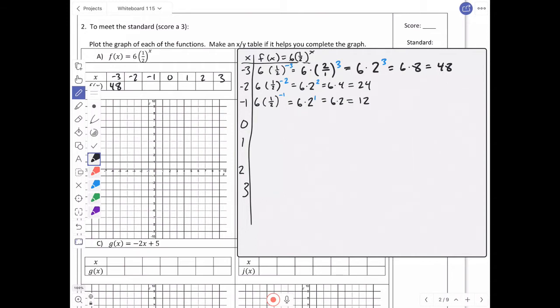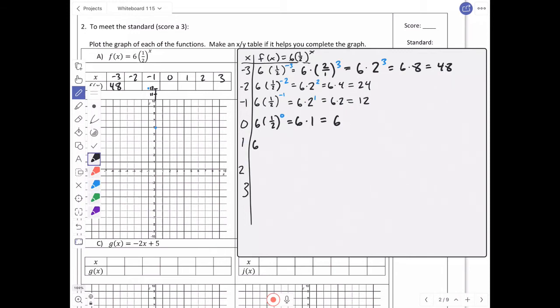So now I'm here at 6 times 1/2 to the 0, and anything to the 0 power is 1. So 6 times 1, which is 6. When I plugged in -1, I got 12, so I'm going to put that in there. -1 made 12, and 0 made 6.